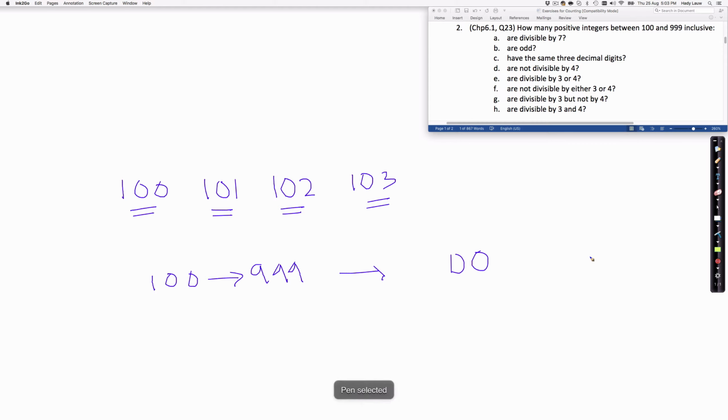So there are 900 integers, and exactly half are going to be odd. Then we have 900 integers divided by 2, so we have 450 odd integers. So that is 2b.